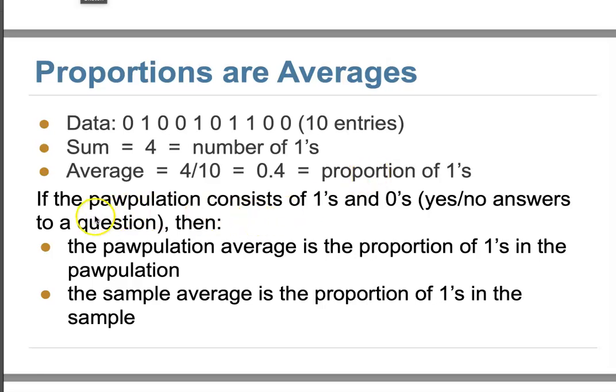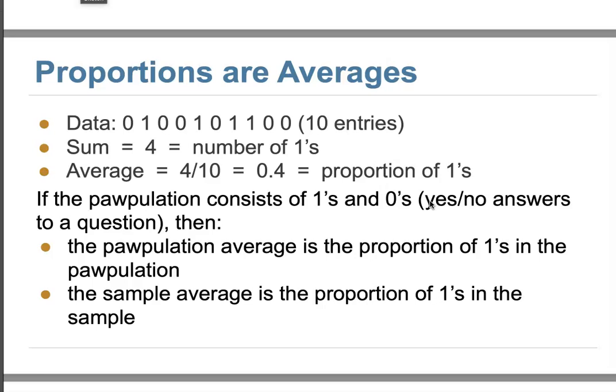So if the population consists only of 1s or 0s, that means the categorical data you try to analyze only has 2 categories. They are either true or false, right? As long as you have 2 results, we can just say they are true or false.